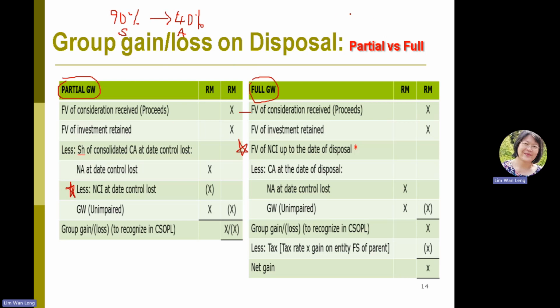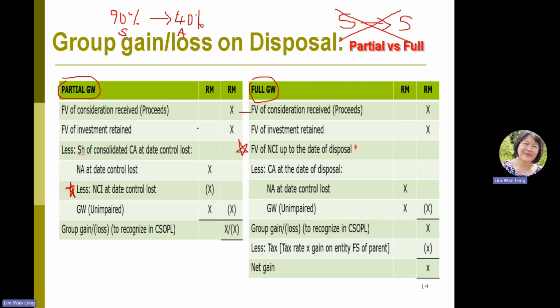Remember, if after the disposal you are still a subsidiary, you do not use this template. Why? Since control is retained, in substance there is no disposal, so you just make an adjustment between the owners, that's all. This template only applies if you cross the 50% boundary, so you need to calculate gain or loss on disposal.